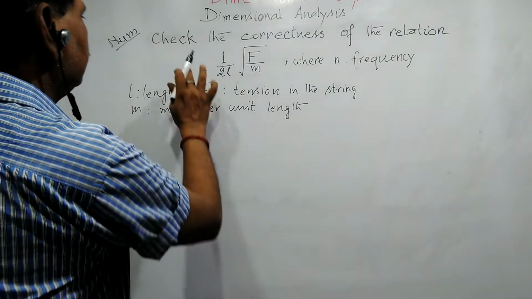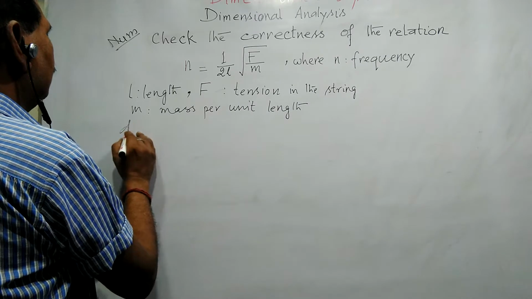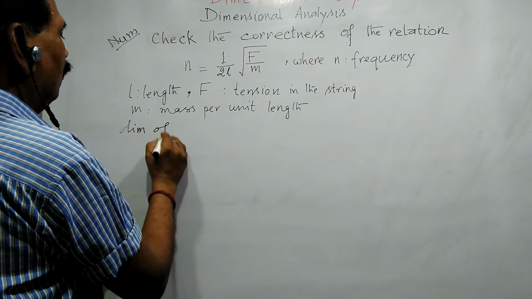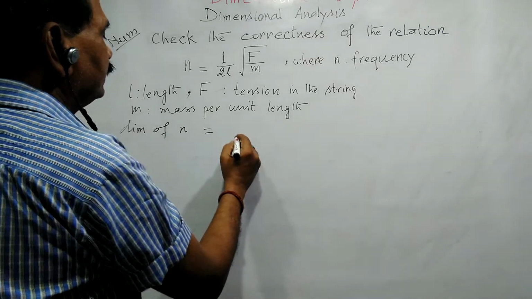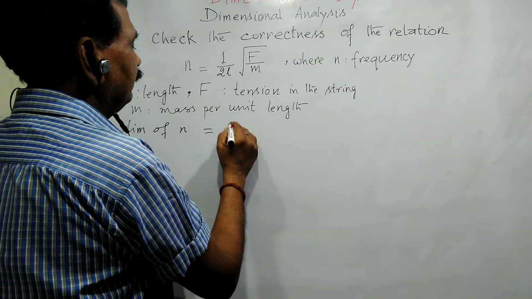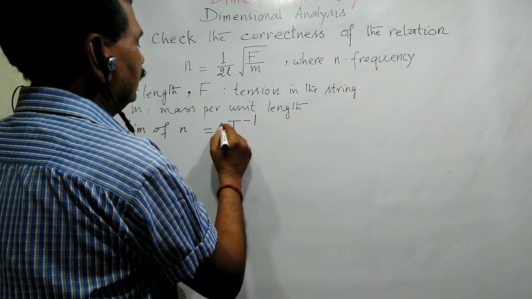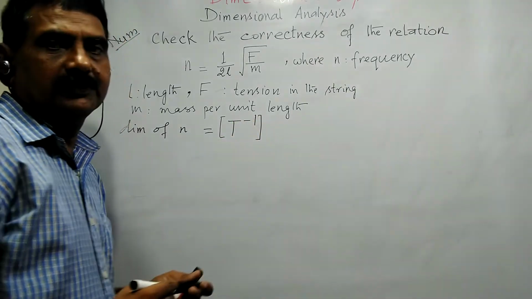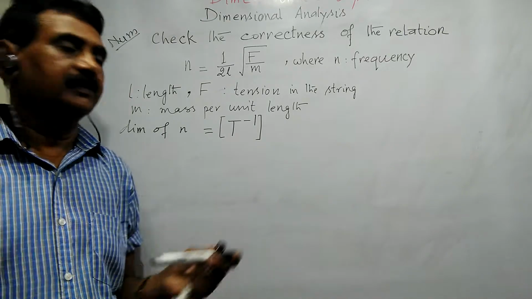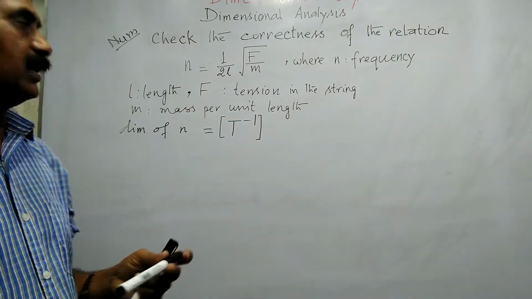Now what is here? n, the dimension of n means frequency. We know that the dimension of frequency is t to the power minus 1.